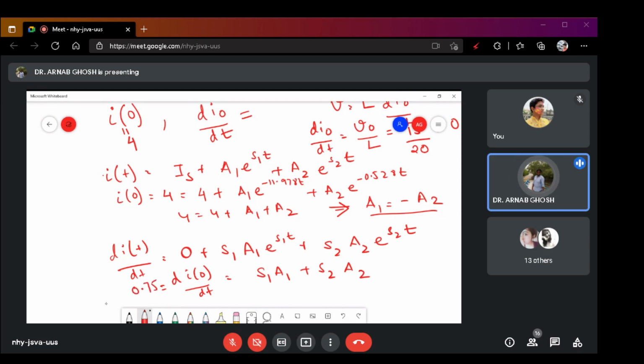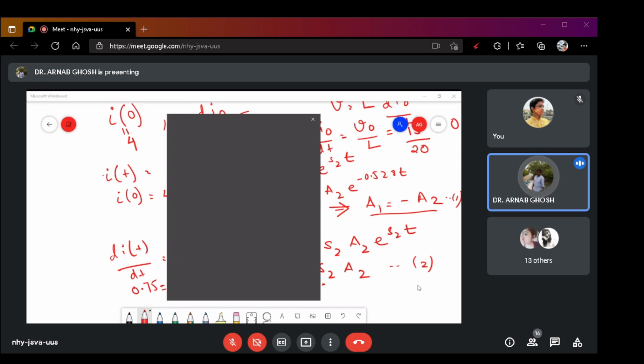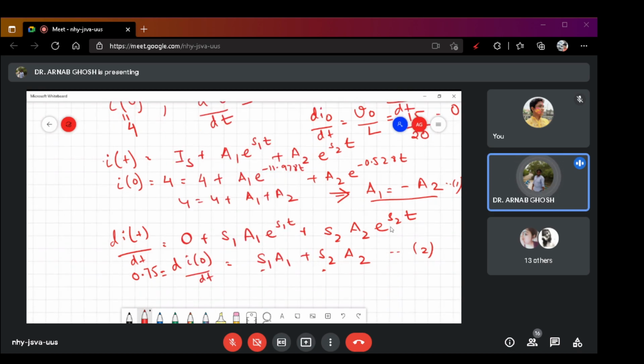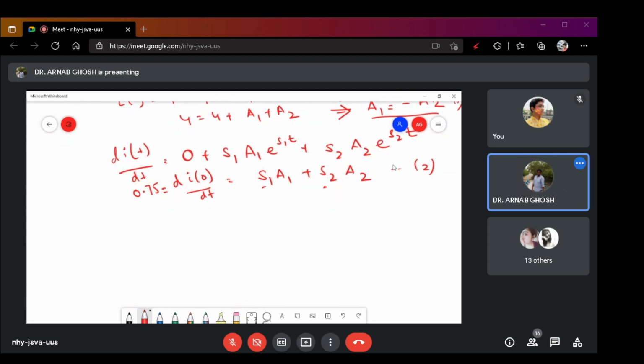So this is one equation. This is another equation. Put the values of S1, S2, and A1 is equal to minus A2. Then you can calculate A1 and A2. Solve 1 and 2 to get A1, A2.